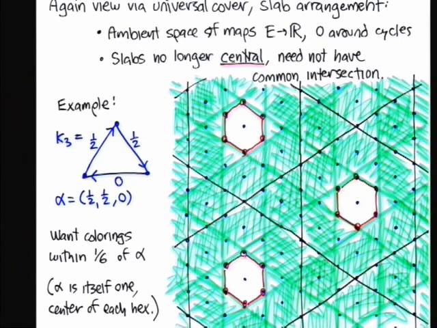If you remember in our earlier pictures, the slabs all corresponded to a central arrangement. I mean, all the slabs pass through the origin, and then you have the periodic translates of them, but they all pass through all the translates of the origin. Whereas when you start moving around the targets so that they're not neatly lined up on a half, what it corresponds to is letting the slabs sort of float freely in space to different positions.